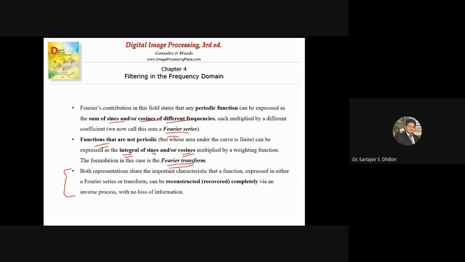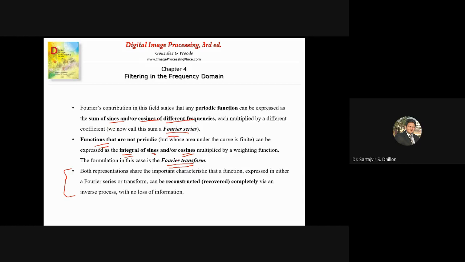So in those scenarios, we have to convert a spatial domain image or original image into the frequency domain, and we have to apply some mathematical equations and then convert it back into the spatial domain so that we can visualize.